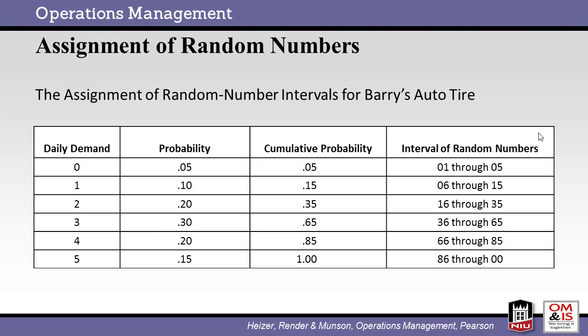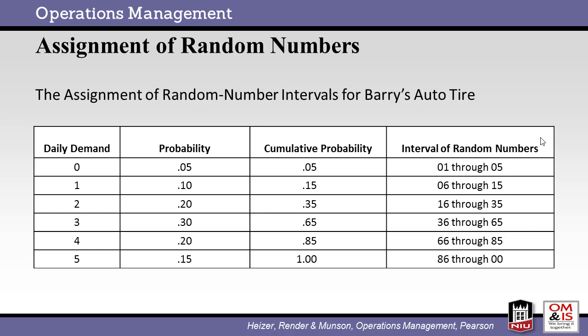Next, we assign random numbers to the data. We copy the data, demand, probability, and cumulative probability from the previous table. Next, the intervals of random numbers are defined based upon the cumulative probabilities.